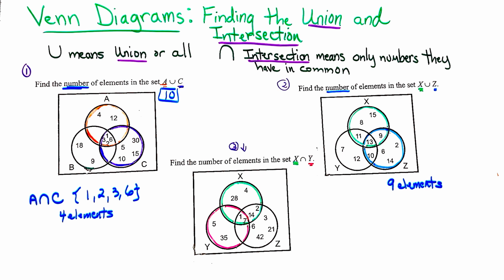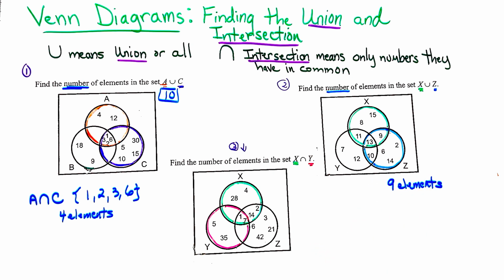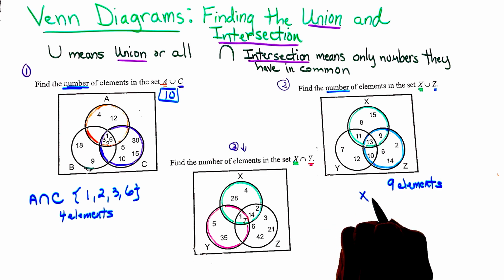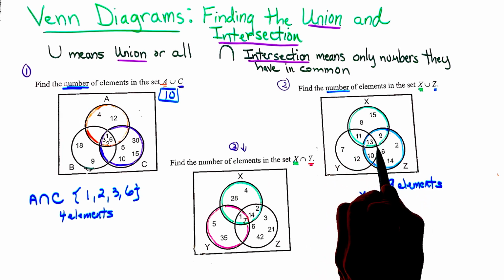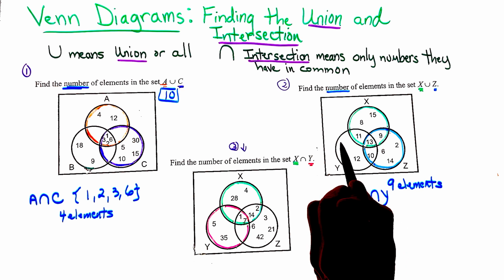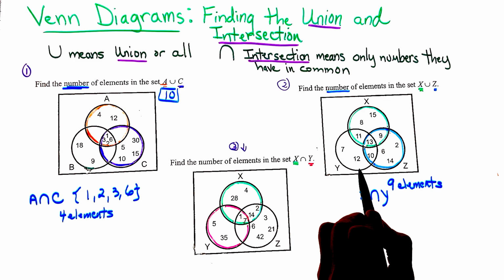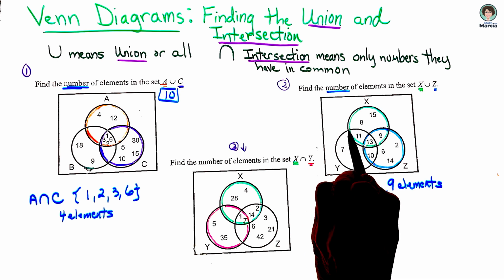Okay, great. So now when we're looking at this picture, let's come up with another problem. What if we wanted X intersects with Y? Okay, so here's our X, right? And Y is the black circle. So we want to know what numbers are both in the green circle and the black circle.